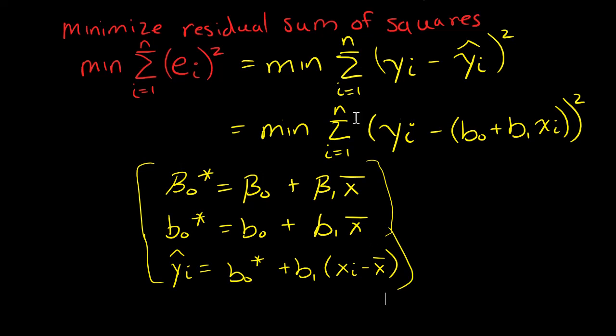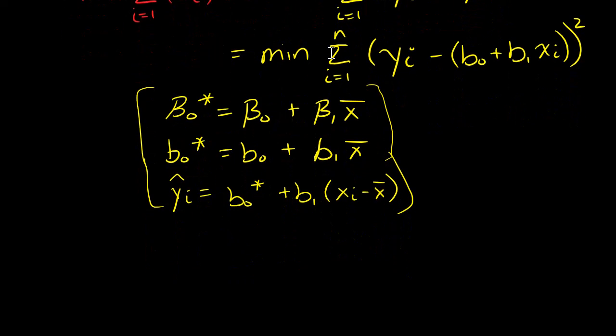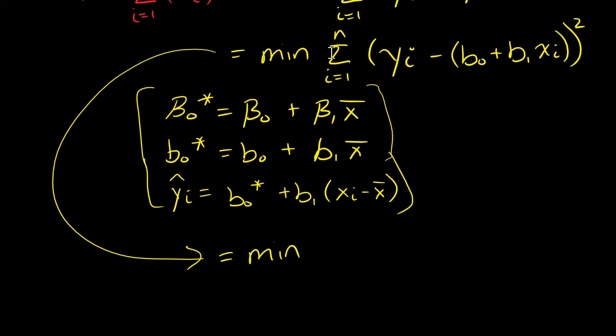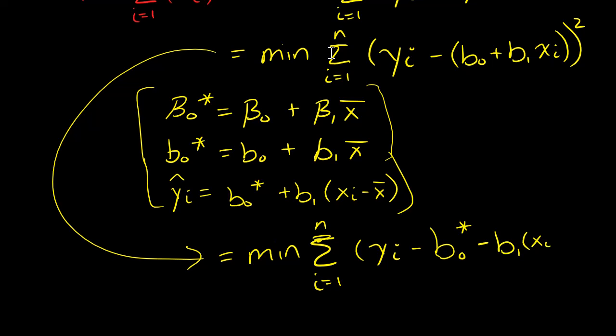So when I say I want to minimize, this is the same thing as the min of the sum of (y_i minus b0 star, distributing that minus sign, minus b1 (x_i minus x bar)) squared.